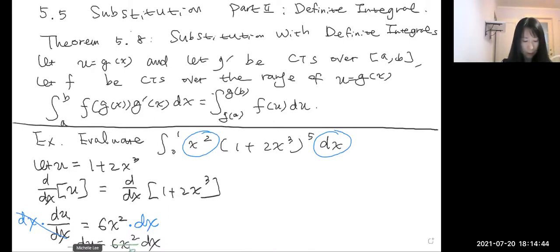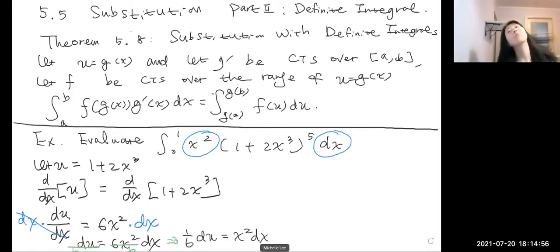Sorry, no space. So we get 1 over 6 du equal to x squared dx. Okay? Now we are saying 1 over 6 du is the same as x squared dx. Make sense? So 1 over 6 du will be replaced there.